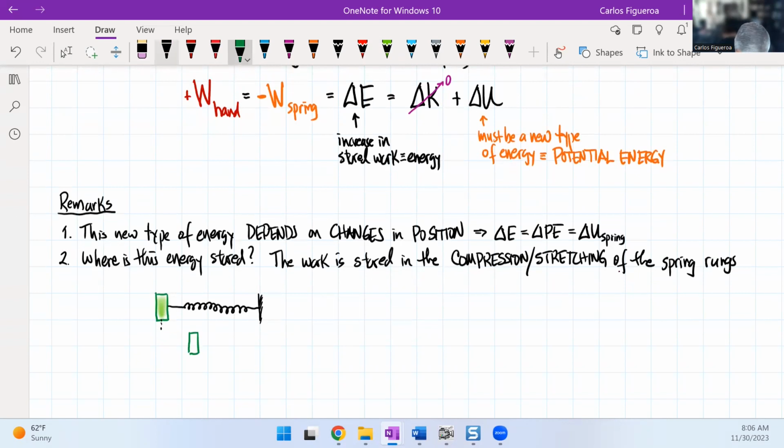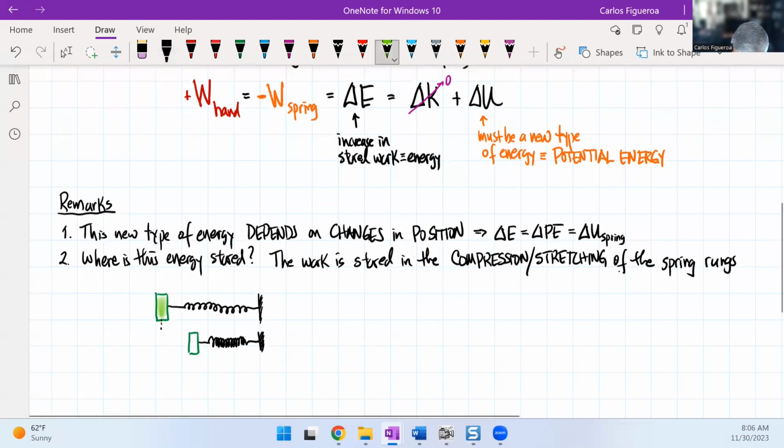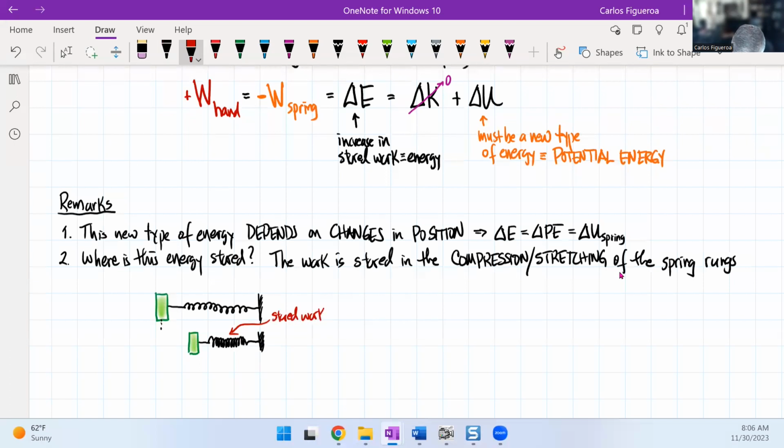Let's say I compress it this much. So what the rungs do is that they get tighter. And so where the work goes, you could see that the stored work is in the rungs here.